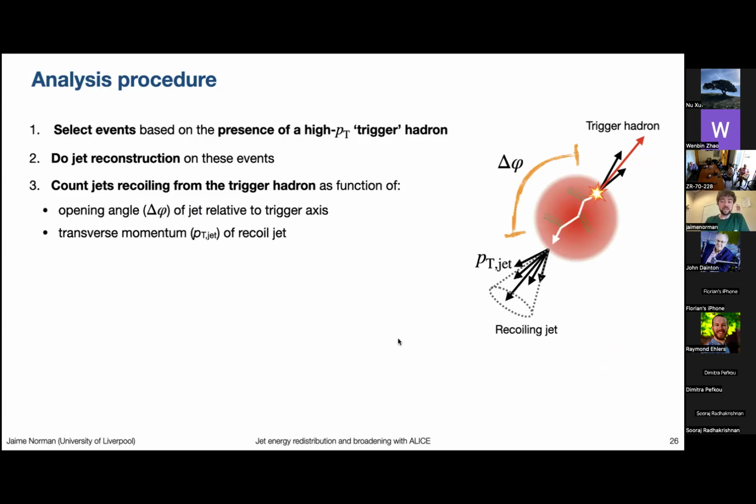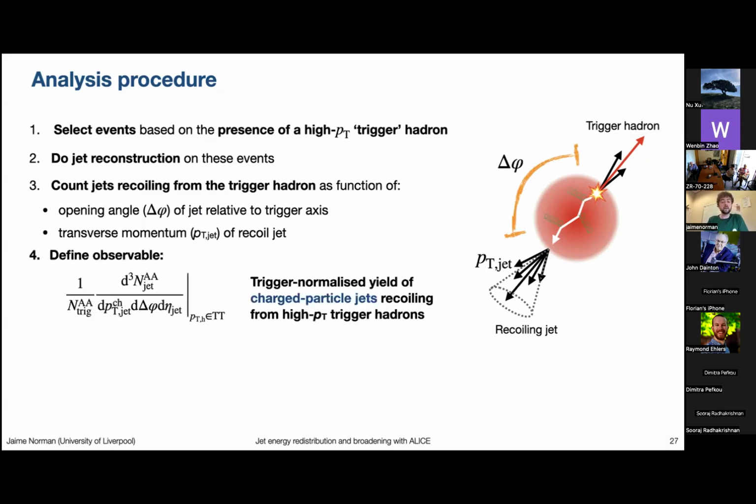Once we select our events, we do jet reconstruction on these events, and we count the jets recoiling from the trigger hadron as a function of both the opening angle of the jet relative to the trigger axis, as well as the transverse momentum of the recoiling jet.